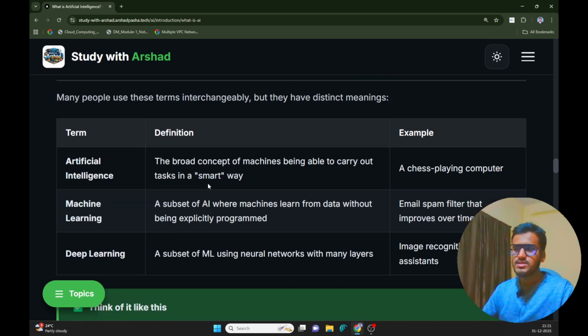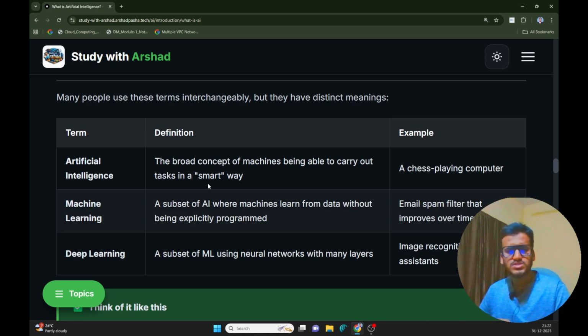Now let's see AI versus machine learning versus deep learning. Artificial intelligence carries out tasks in a smart way. The best example is a chess game: if you play chess against the computer, that is artificial intelligence.